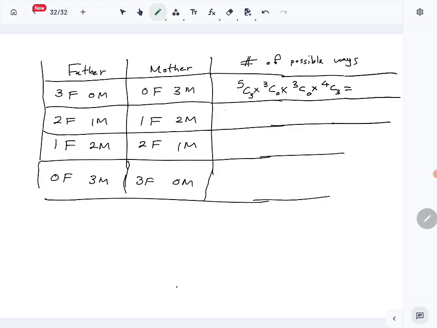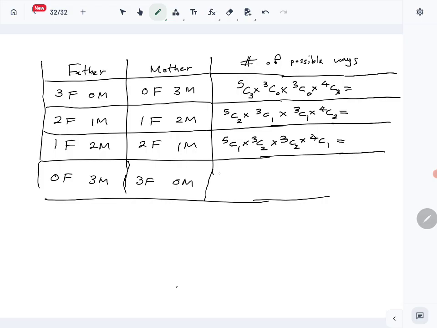Here, how much? 5C2, two females and one male. For the mother, one female and two males. Then the next case is 5C1, 3C2, 3C2 again for the mother's side, and 4C1.